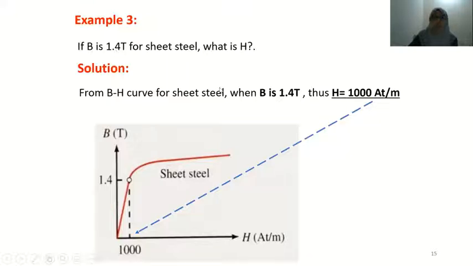We take this 1.4 to see the properties of H for the sheet steel. Referring to this graph, the H is obtained at about 1000 ampere turns per meter. So for B equal to 1.4, we project to the respective H, which gives you H at about 1080 ampere turns per meter.